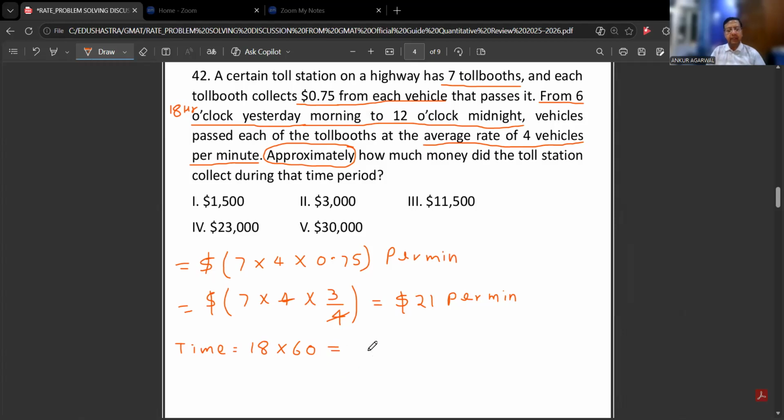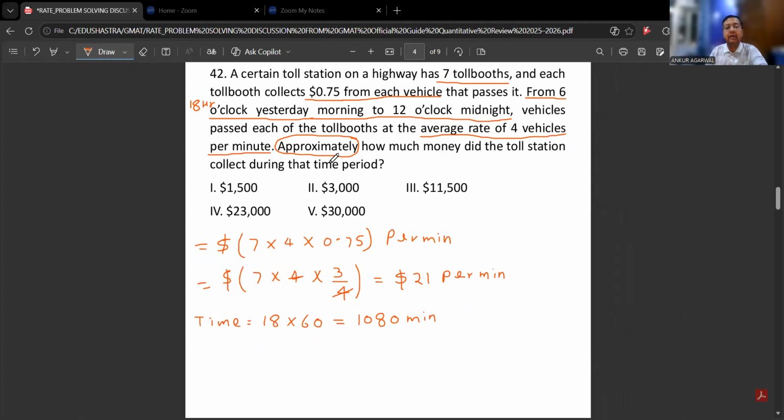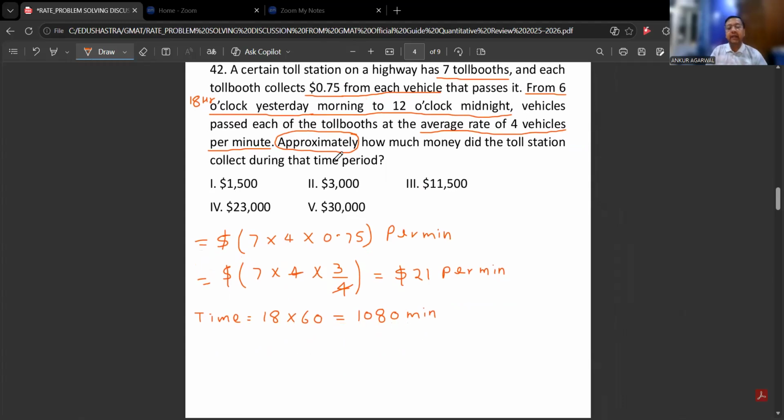So 18 multiplied with 60 is coming out to be how much? 1080 minutes. This is the total time we are having here, from 6 a.m. morning till 12 midnight. So this is the total time, 1080 minutes, and $21 per minute we are earning.